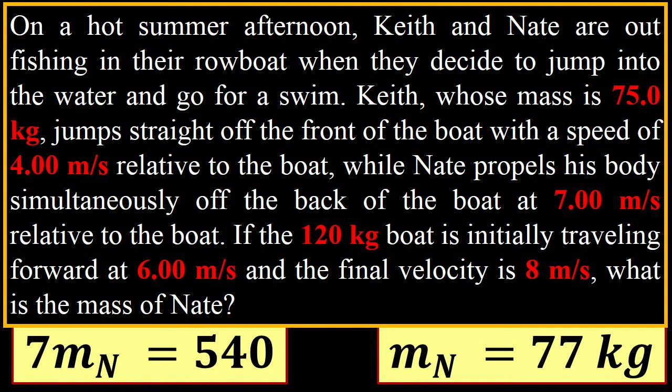If the boat is going to gain velocity, how is it going to gain it? Well, it's going to gain it from Nate. So Nate went off at 7 meters per second. Keith went off at 4. So Nate's momentum must have contributed a greater amount to the forward motion of the boat, relative to Newton's third law, action-reaction, than Keith's did.